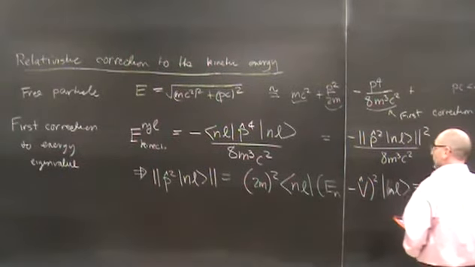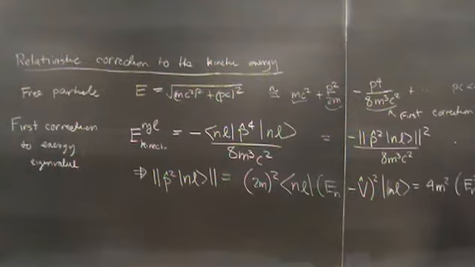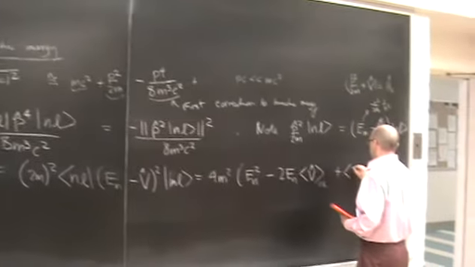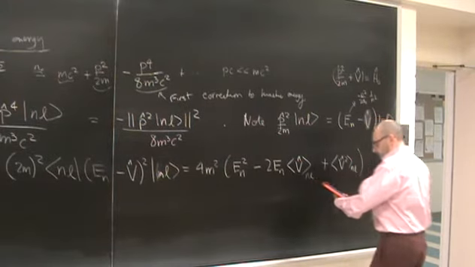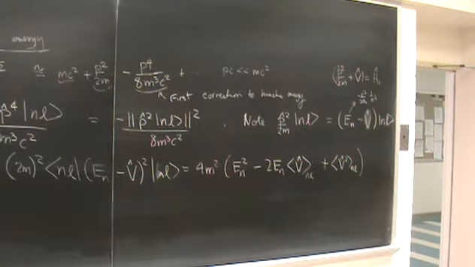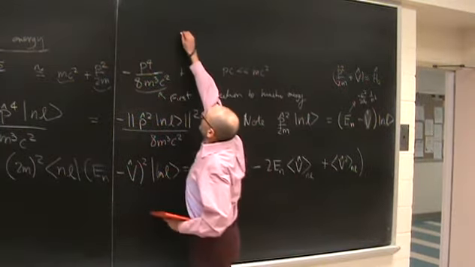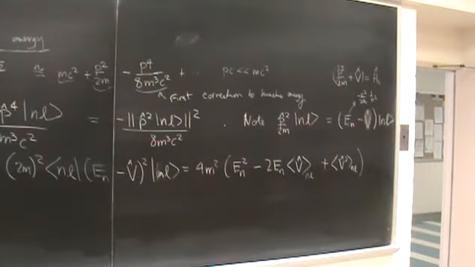So that's 4m squared, E n squared minus 2 E n, the expected value of V, plus the expected value of V squared in this state. Okay. So my first order correction to the kinetic energy, I'll go back to the front board over here.